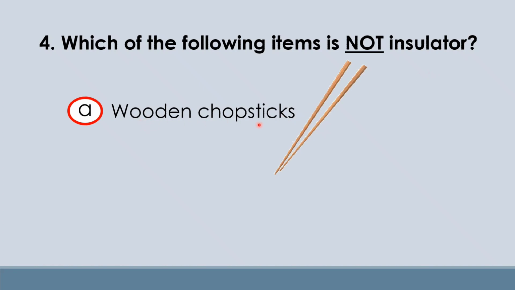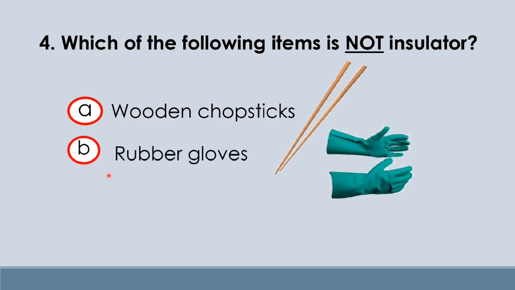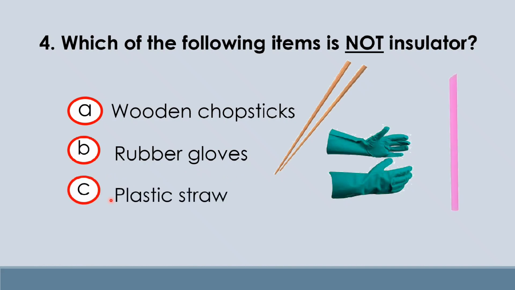Letter A, wooden chopsticks. Letter B, rubber gloves. Letter C, plastic straw.